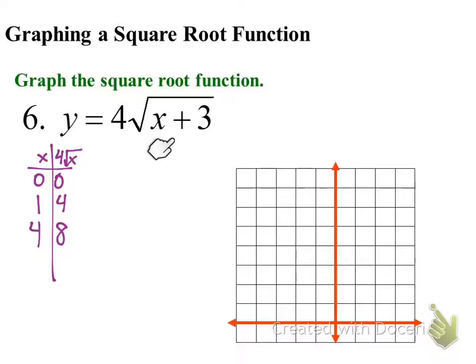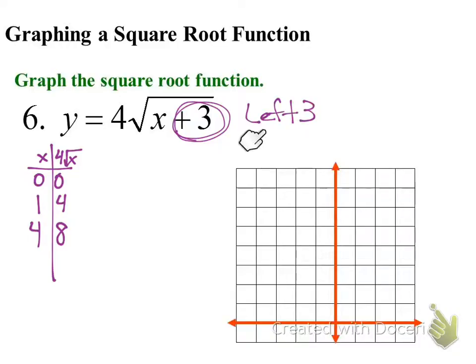So if I go back to that table in my notes, whenever I have something affecting the x in parentheses, and we have a nice cheat sheet that says f of the quantity x plus c, it says that it's going to move left so many units. So this plus 3 means you're moving left 3.